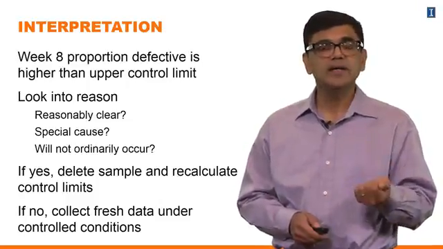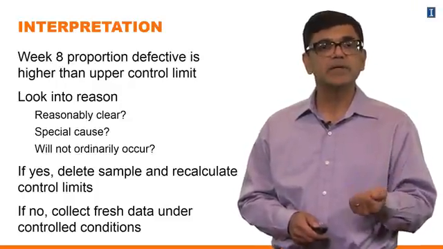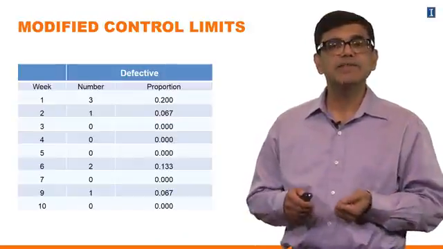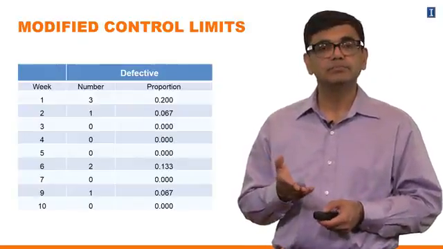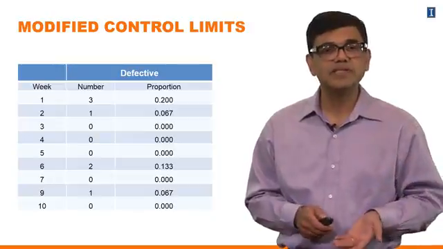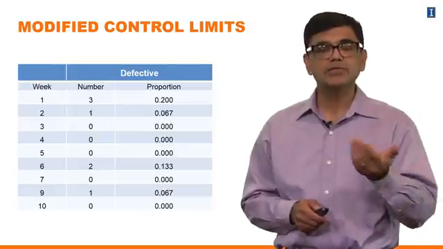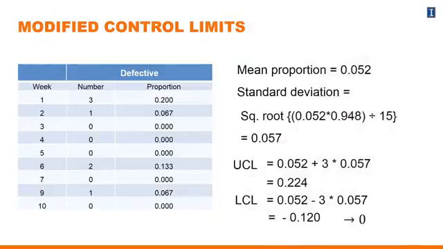So let's take the easy route here, and let's say that we could figure out the reason for week 8 proportion being outside of the control limits. So eliminate that point, and then you go in and you figure out the new control limits. Right. So here you see that there's no week 8 being represented here. You're going from 7 to 9 and 10, and because you've thrown out week 8, you've got the same data that you had earlier.